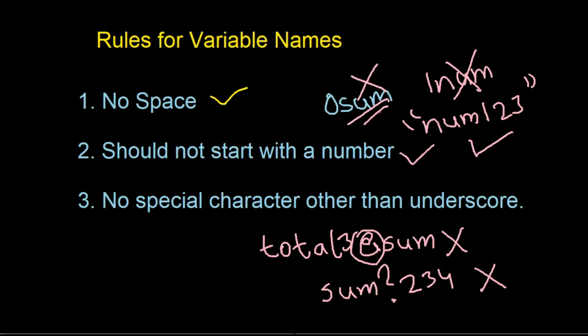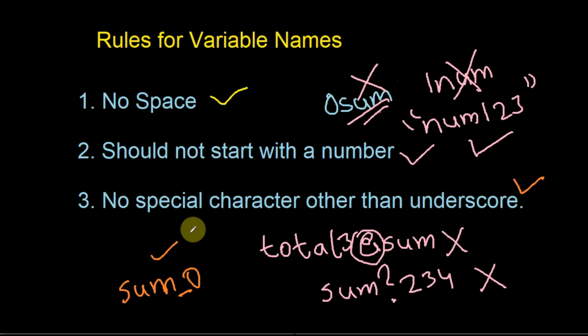The correct variable name should be something like sum_0. This is a valid name, even though it contains the number 0. It has an underscore, a special character that is allowed, and sum_0 is a valid variable name. Anything else is invalid. If instead of underscore you use some other special character from your keyboard, that is totally invalid, and the variable name will not be accepted by your C++ program.